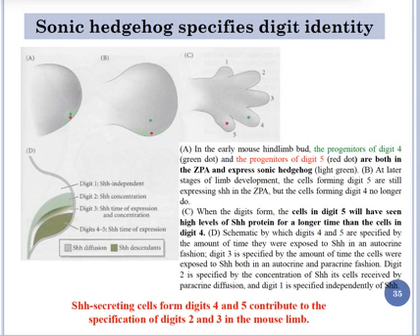In the next slide, or before, I have to mention that the sonic hedgehog secreting cells, in an autocrine way, form digits number 4 and 5, and they contribute to the specification of digits number 3 and 2 through the paracrine way, meaning through the diffusion of sonic hedgehog.